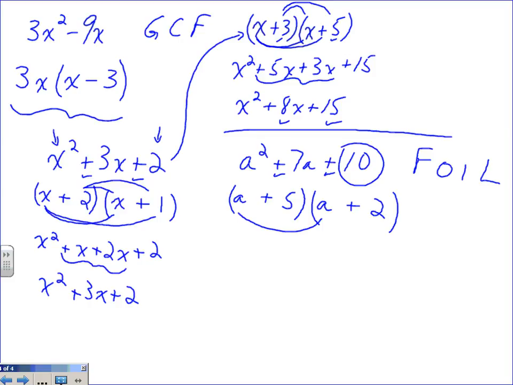Are we going to get 7a? Well, look at the outside terms, that's 2a, and the inside terms, 5a. 2a plus 5a gives you 7a. And we've got it. So that's how you can always check. If you multiply that back, you'll see that we get what we started with, and that is a squared plus 7a plus 10.